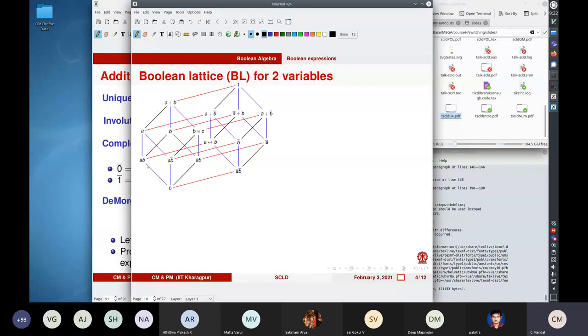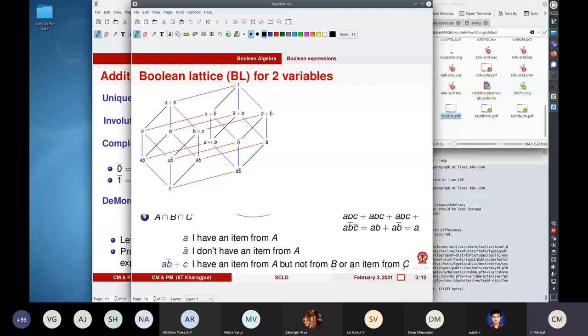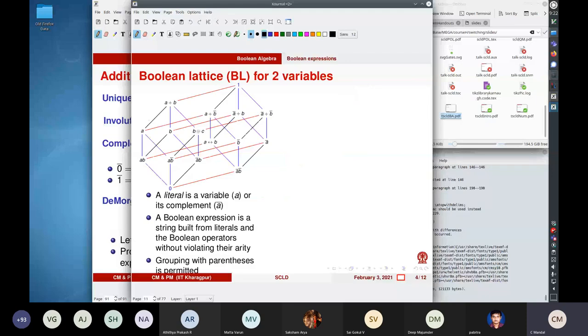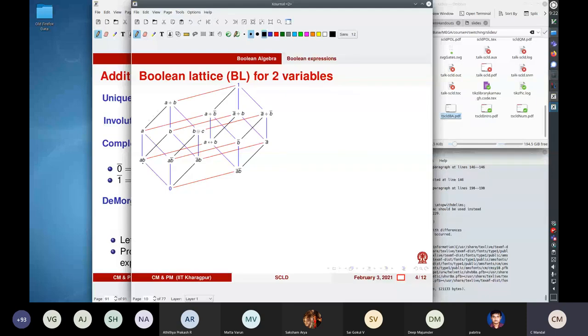You can think of these two sets as two basic properties.